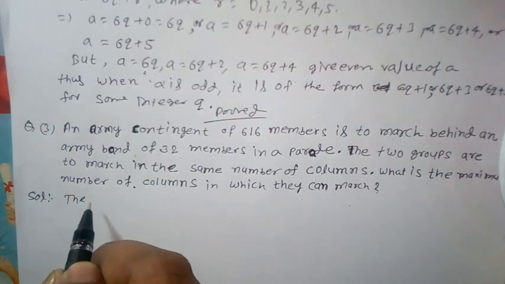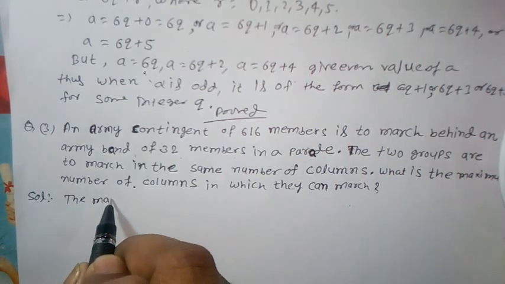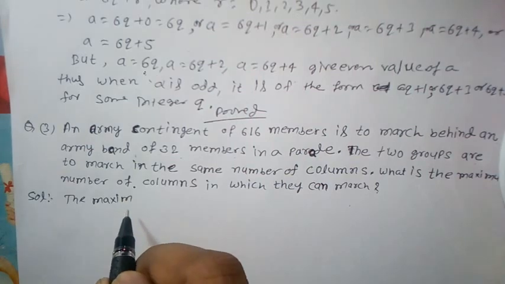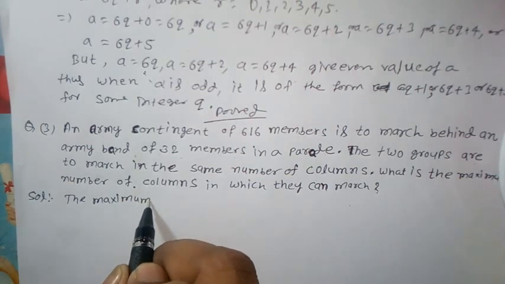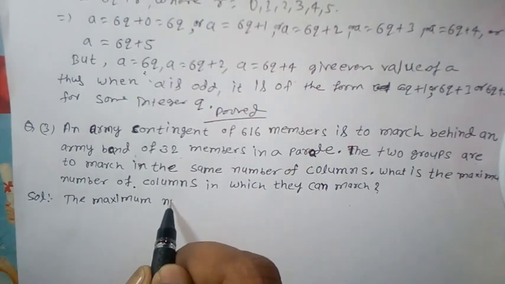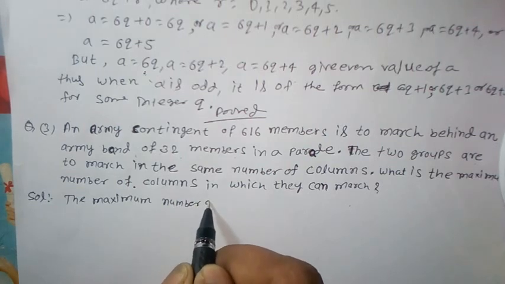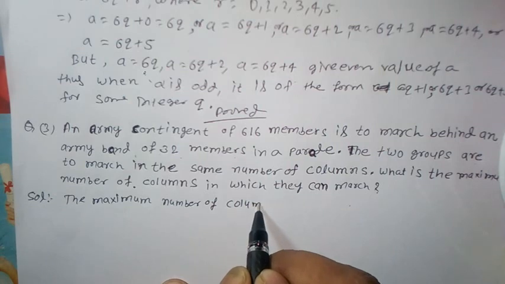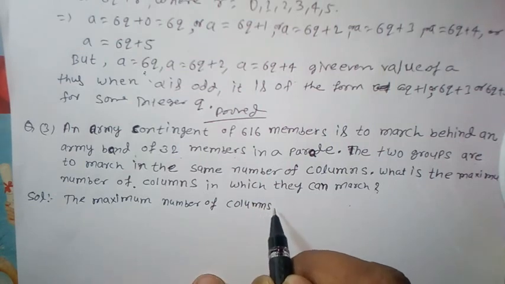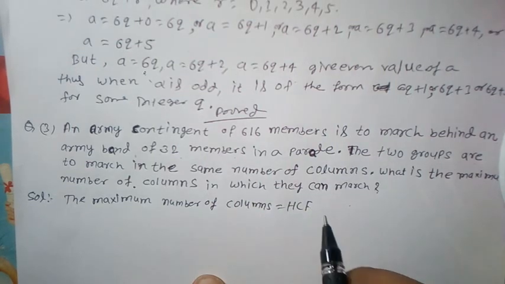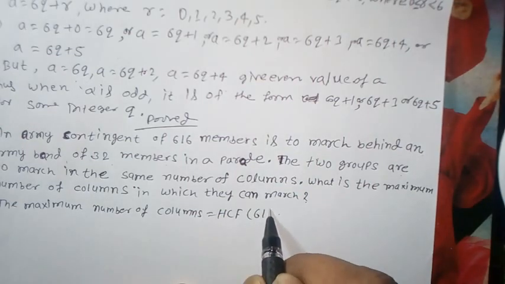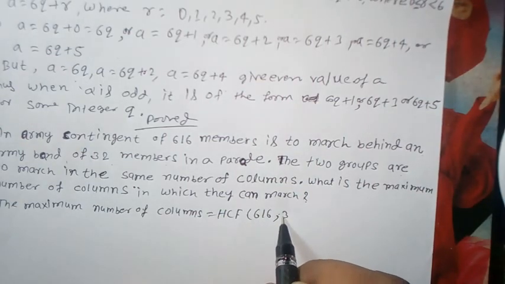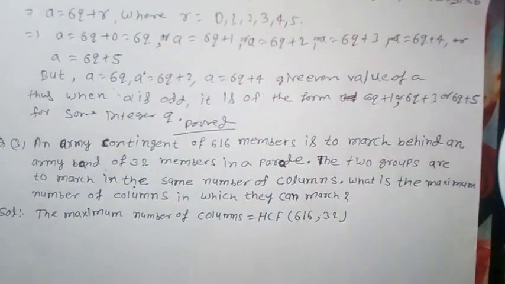The maximum number of columns is equal to HCF of 616 and 32. Now we find the HCF.